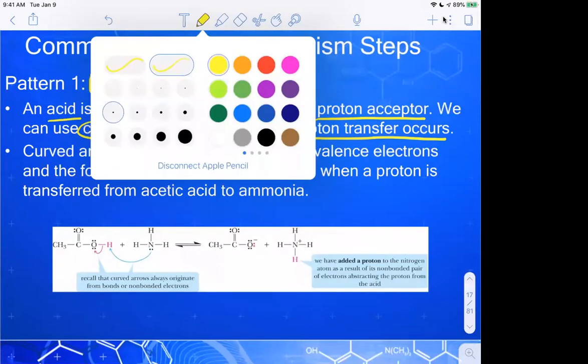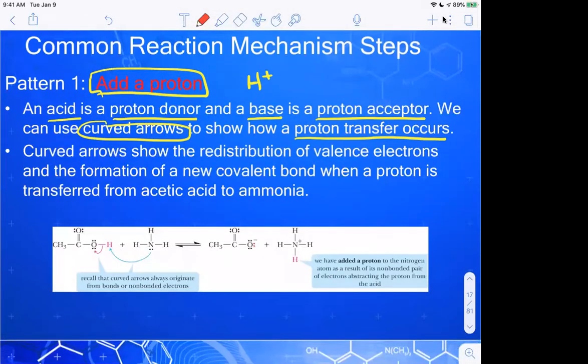So if I look here, right, here's my area of high electron density, my lone pair. And my arrow always originates at the area of high electron density. It's always going to be from a bond or some lone pair or non-bonded pair of electrons.